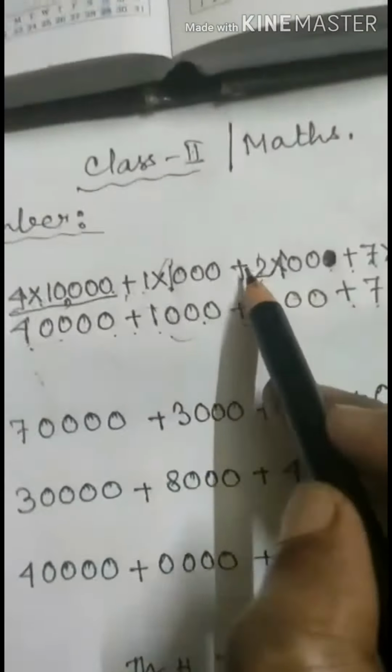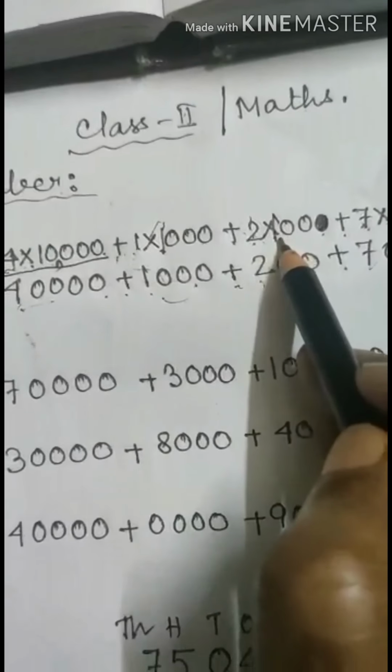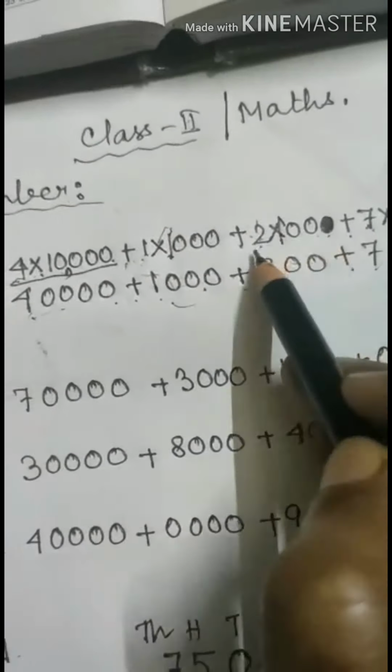Then give a plus sign again. Write 2 into 100 because 2 is in the hundreds place.